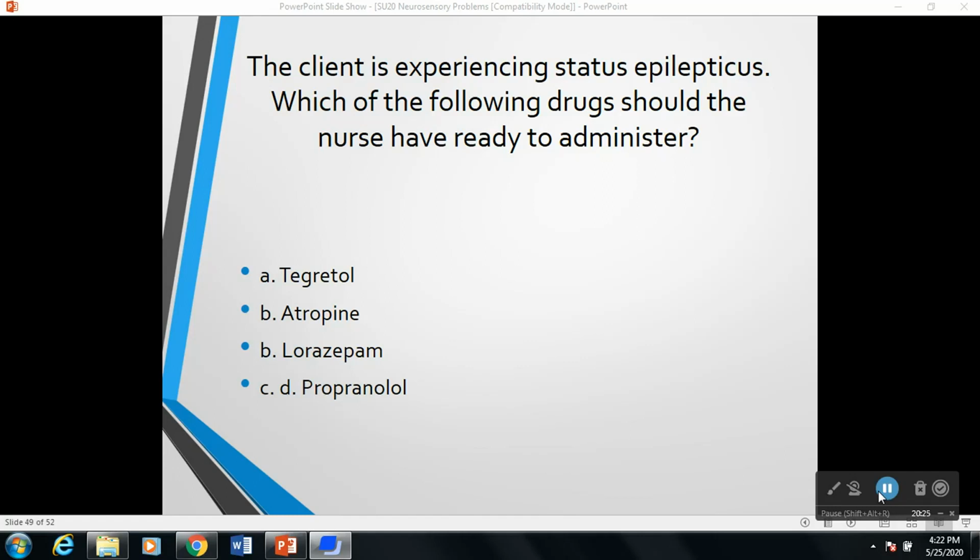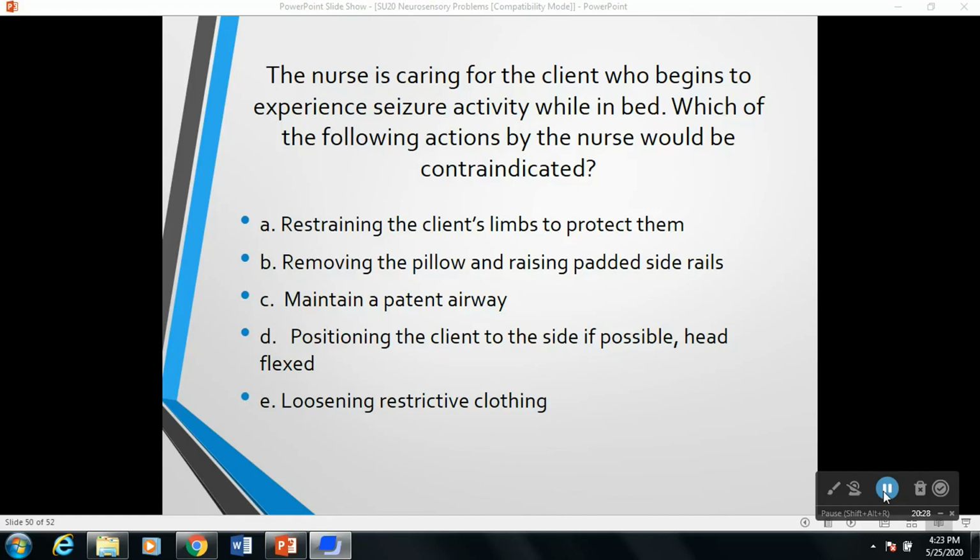The nurse is caring for a client who begins to experience seizure activity while in bed. Which of the following actions by the nurse would be contraindicated? So you're looking for a wrong answer. Would it be A, restraining the client's limbs to protect them, B, removing the pillow and raising padded side rails, C, maintaining a patent airway, D, positioning the patient to a side-lying position if possible with the head flexed, or E, loosening restrictive clothing?